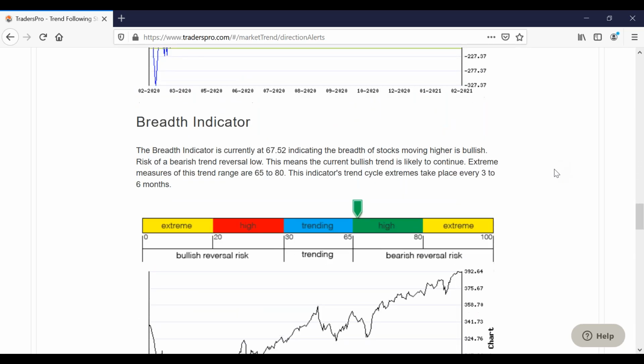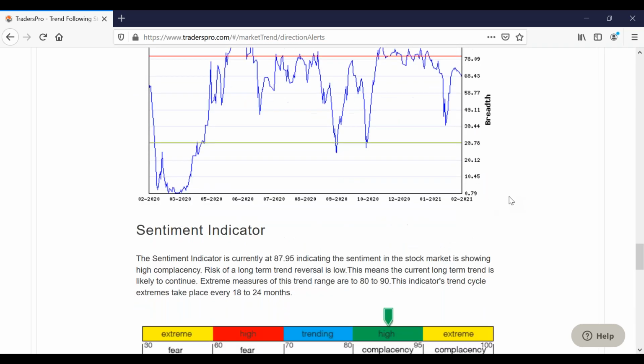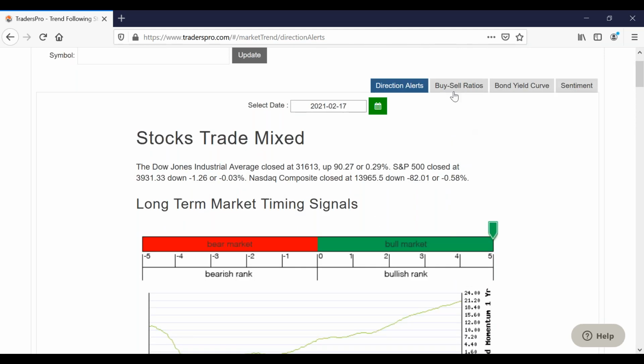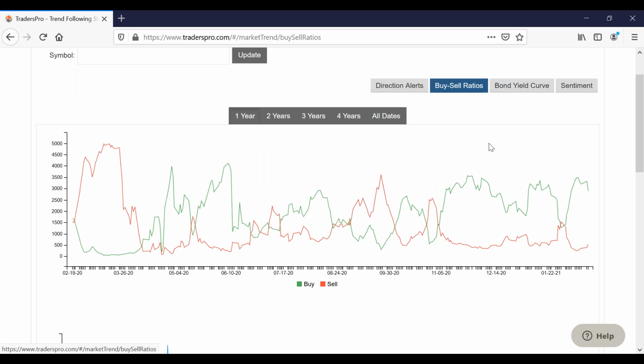But you can see these indicators have backed off. They're not at extreme levels. We take a look at buy-sell ratios. These are going to come closer together with the selling today. Now we are at the lows of the day, and it could be creating a little bit of a hammer-type candlestick formation, and that's why it throws a little bit of uncertainty here. We'll look at the S&P chart here in just a second.